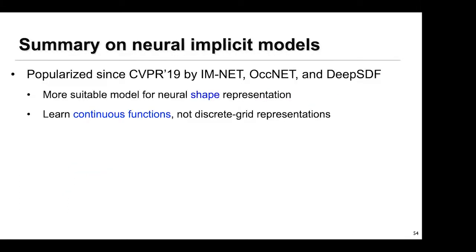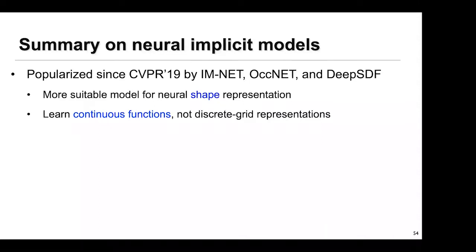Okay, so now I have a mini summary of neural implicit models. Neural implicit models are now being talked about a lot, and at CVPR 2019, amazingly, 3 works concurrently proposed pretty much the same idea, which is to learn continuous functions by either learning occupancy grids or by learning signed distance functions.